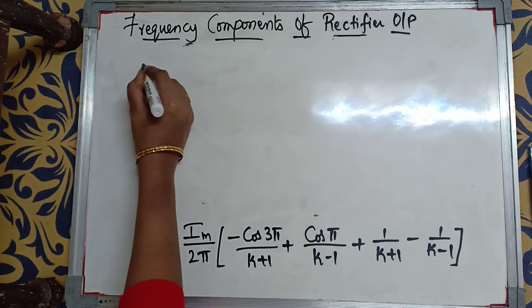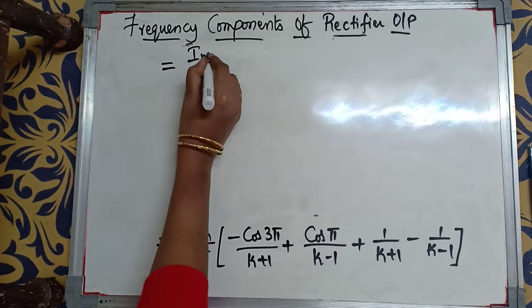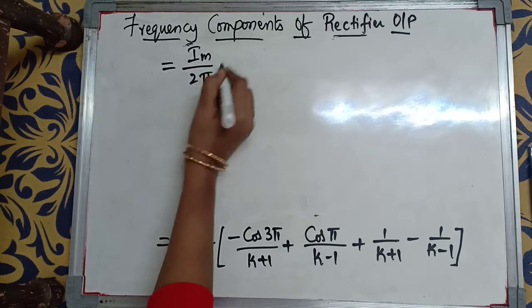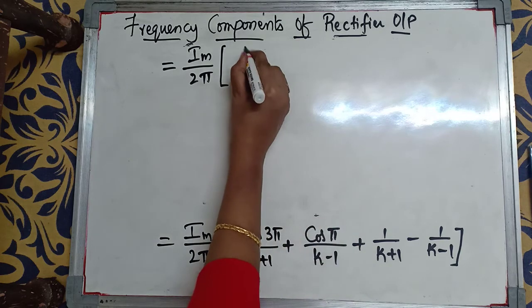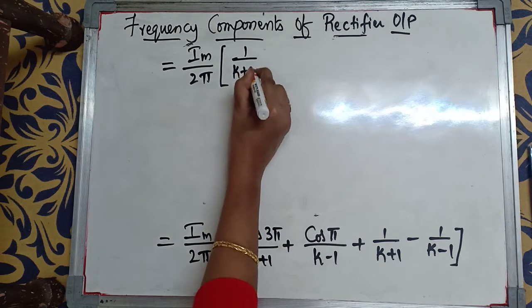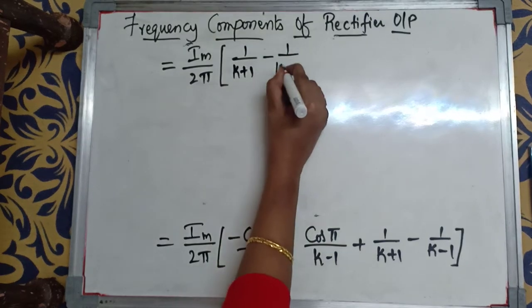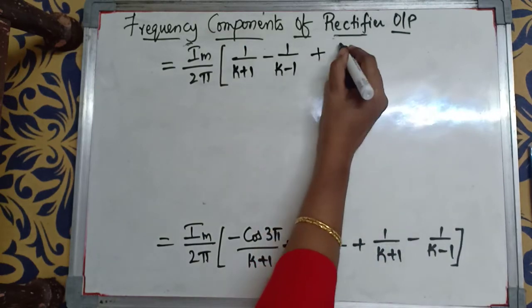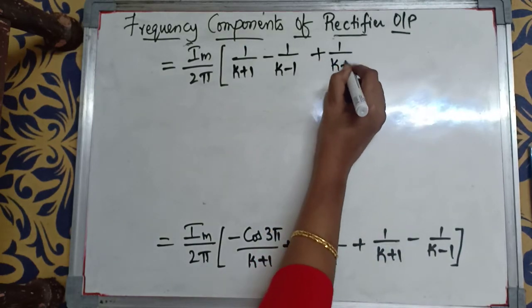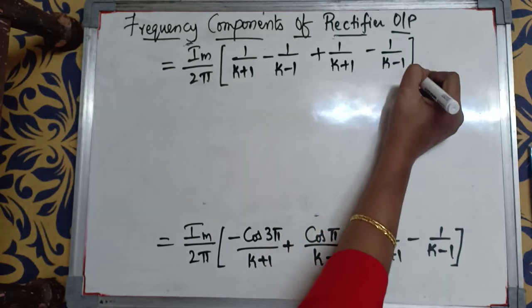So we will get Im by 2 pi into, when I write minus 1 for cos 3 pi, minus into minus will become plus, so I will get 1 by k plus 1. This will be minus 1 by k minus 1, and the last two terms as they are, plus 1 by k plus 1 minus 1 by k minus 1.